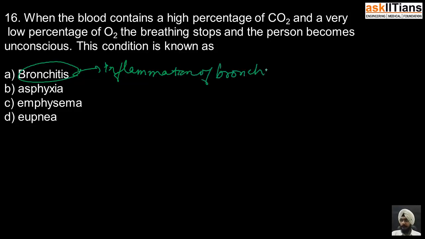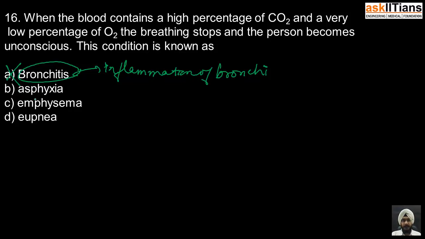So there is swelling of the bronchi. So it should not be the correct option, because it says that the breathing stops and the person becomes unconscious. This is not the case in bronchitis.